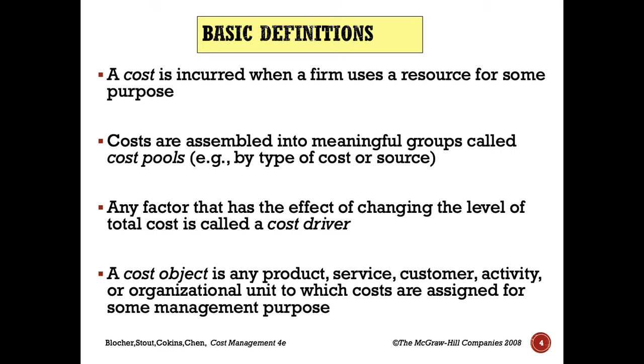Well, we continue with the basic definitions. A critical first step in achieving a competitive advantage is to identify the key costs and cost drivers in the firm or organization. A firm incurs a cost when it uses a resource for some purpose.